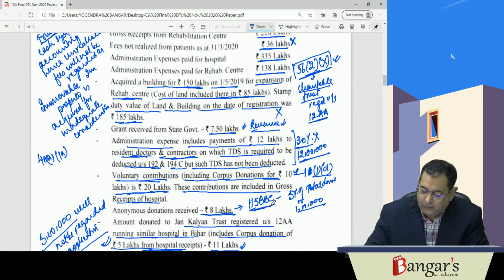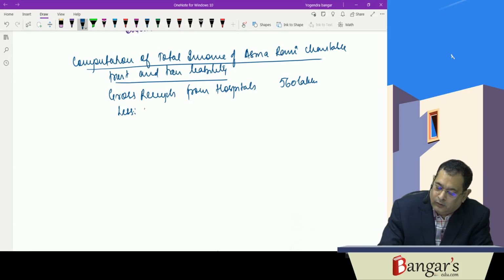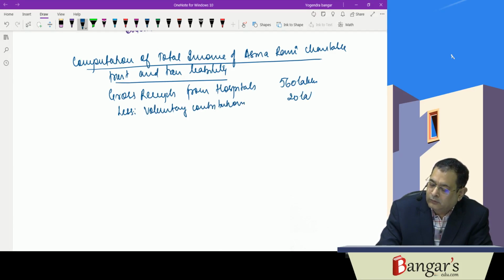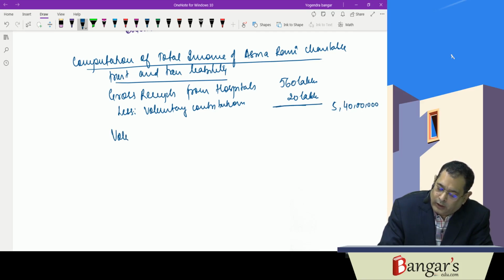They have said that they have received voluntary contributions of 20 lakhs, which are included in gross receipts. Less voluntary contributions, that is 20 lakhs. It works out to be 5 crore 40 lakhs. Okay. Here we treat the voluntary contributions.